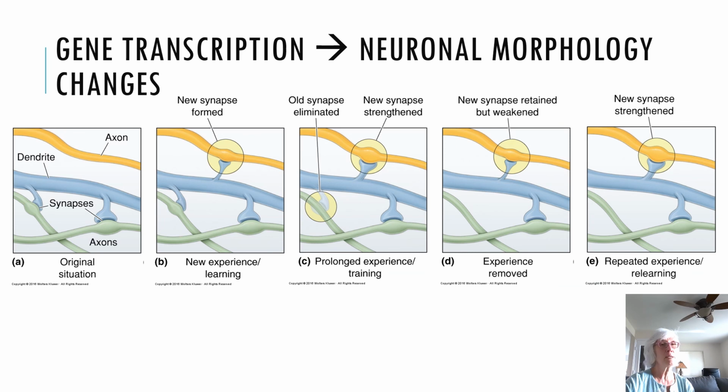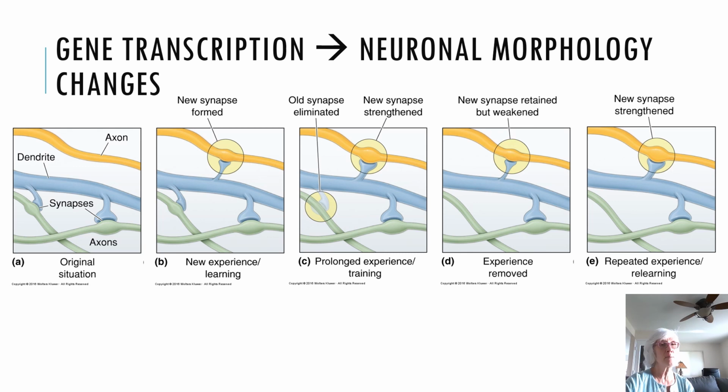The new proteins that are produced are responsible for maintaining changes in neuronal morphology. And this is analogous to that black and white picture that I showed you before, where we were looking at dendritic spines, but now we're looking specifically at new connections or new synapses.